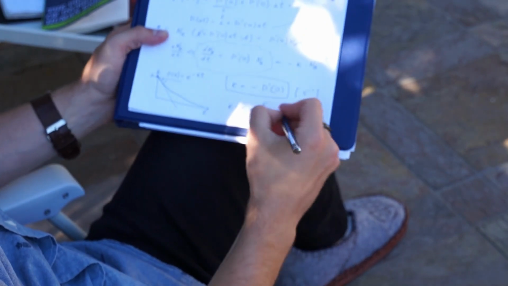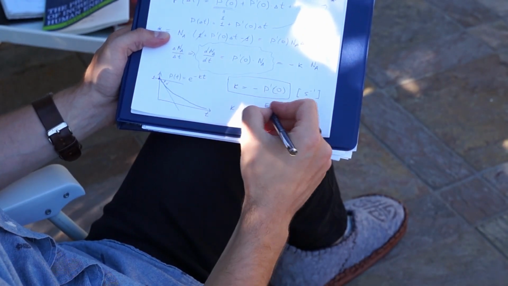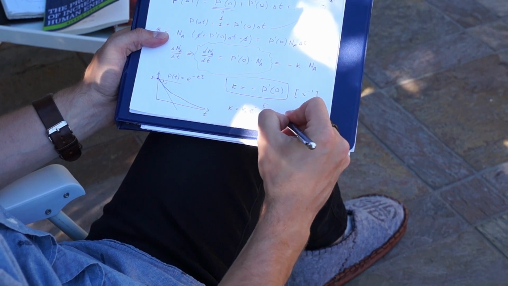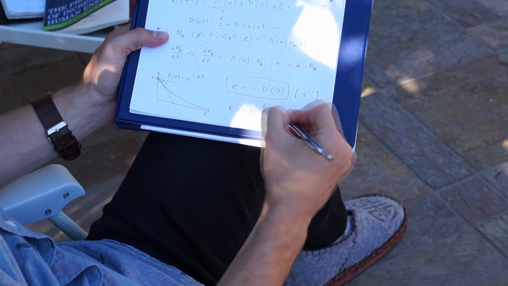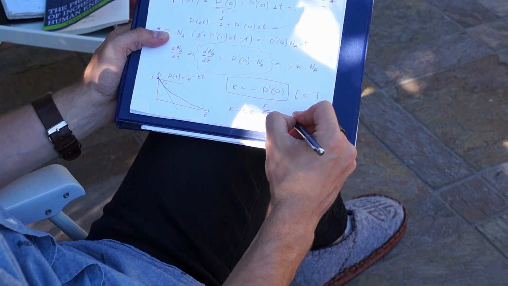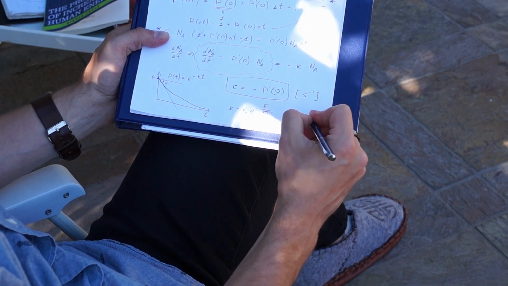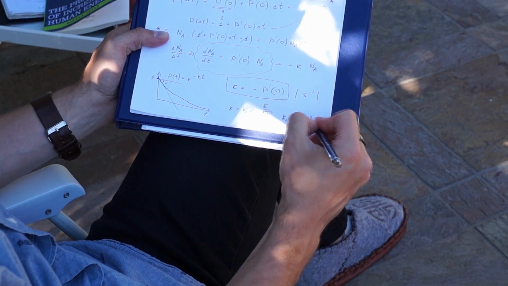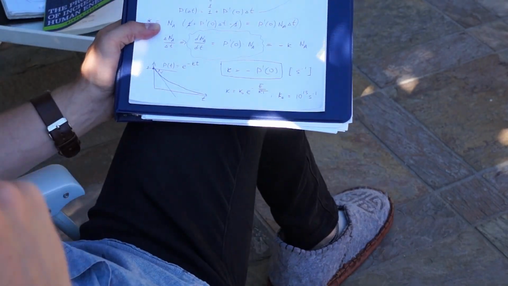But if we have a barrierless reaction, so E equal to 0, k0, the pre-exponential factor of monomolecular reactions, is usually of the order of 10 to the power of 13 inverse seconds. So basically it's the usual frequency of the oscillations of a molecular bond, and the typical pre-factor of monomolecular reactions is on the order of that frequency, 10 to the power of 13 per second.